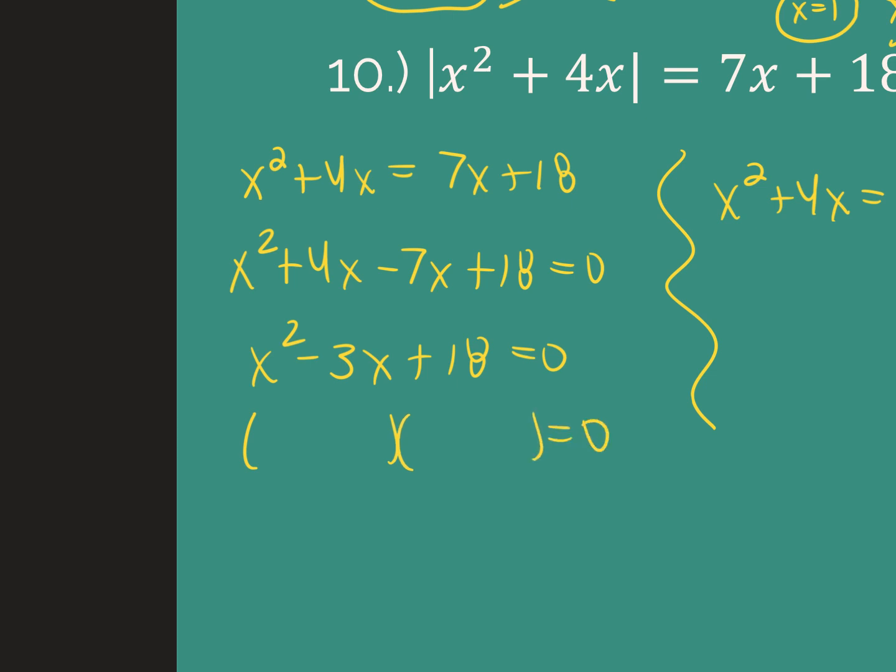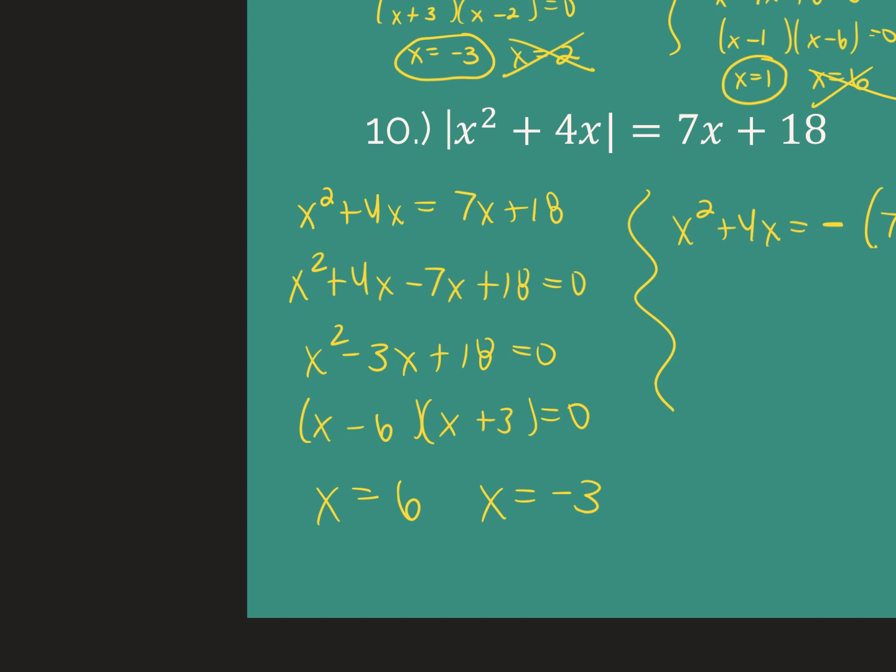What are the factors of 18 that multiply to give me 18, but add to give me a negative 3? What should my signs be? Minus 6 and plus 3, right? So x equals what? 6, and x equals what? Negative 3? Okay.